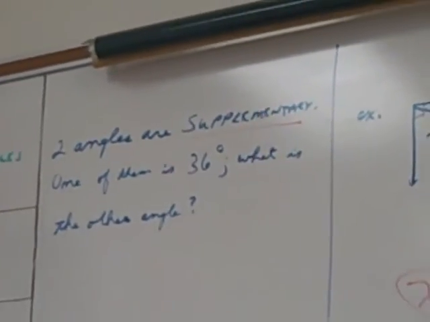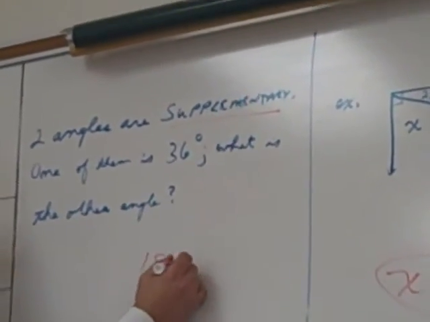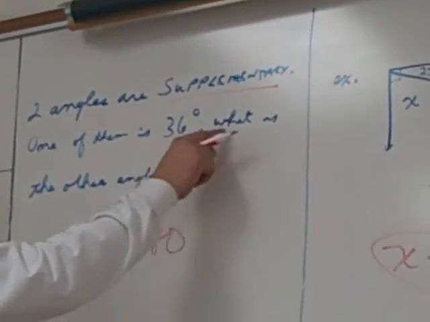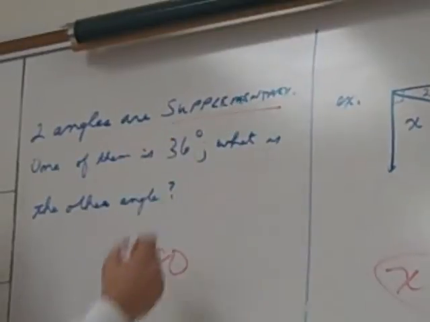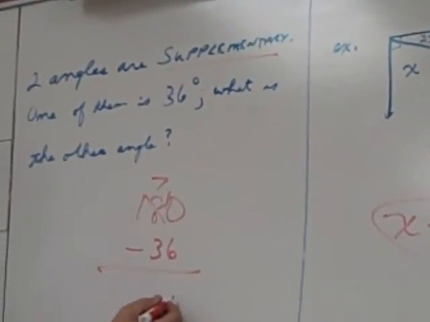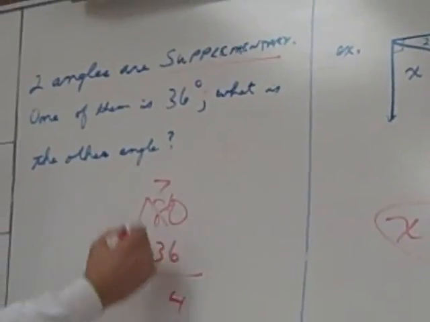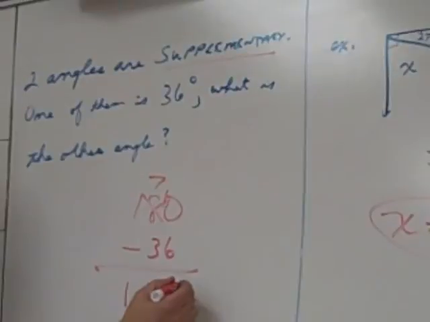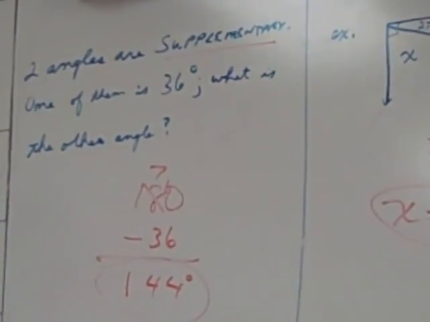That's pretty important. What else? One is 36. What's the other? Well, that's just like that without the picture. The missing angle is 144.